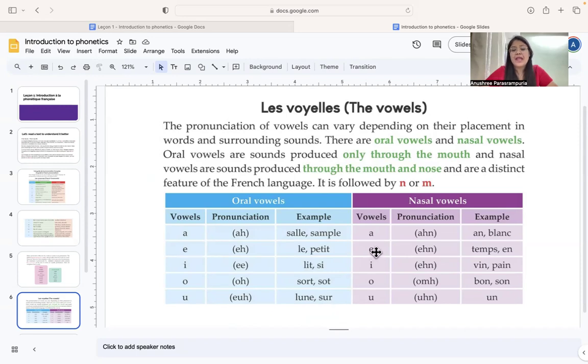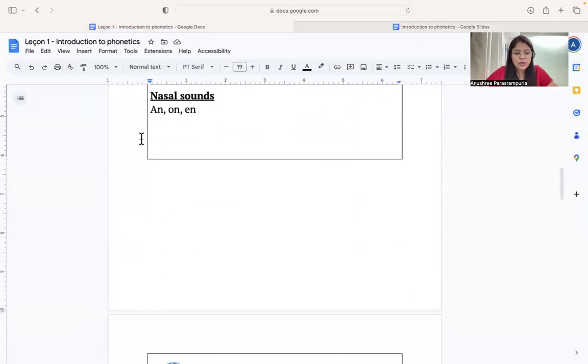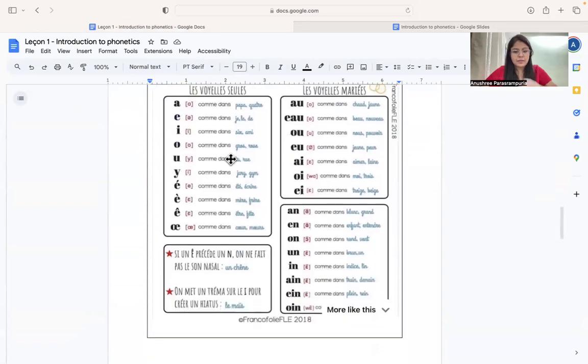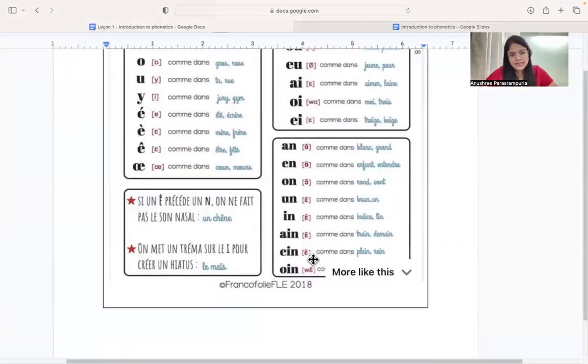However, there are certain nasal sounds. Now, nasal sounds I will help you learn with the following examples. If you see here, these are all my nasal sounds. AN has an O-like sound, so this becomes blanc. This becomes grand.